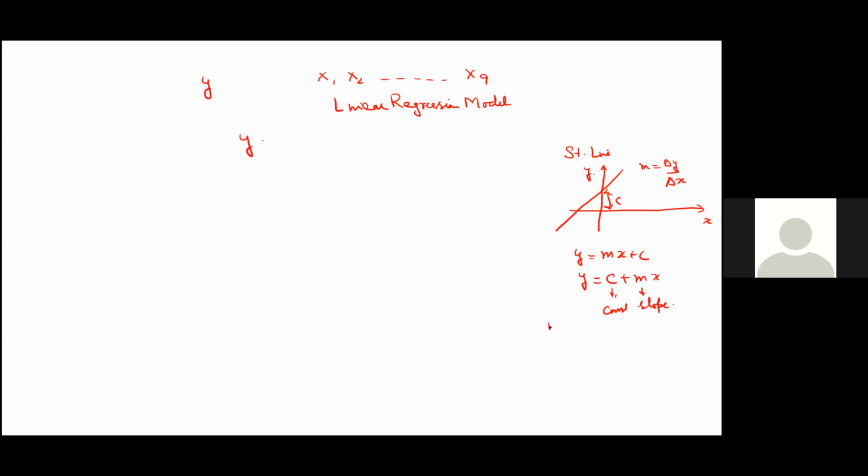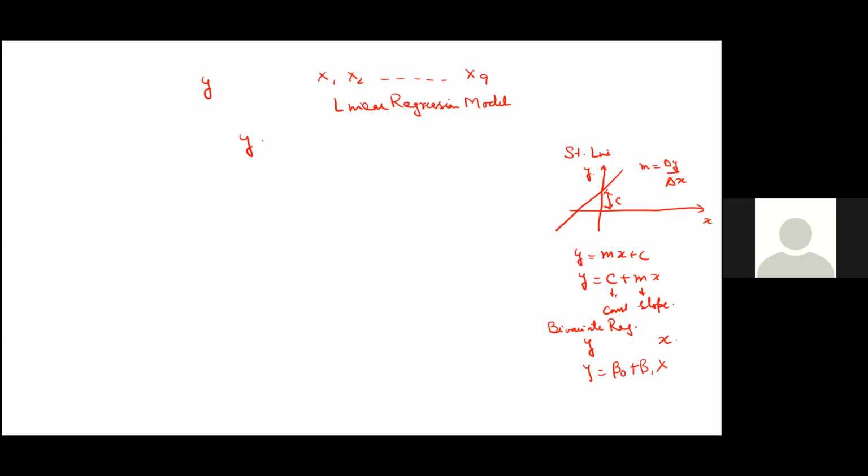If we are considering bivariate regression or simple regression, it means we have a single dependent variable and a single independent variable. In that case, it can be written as y is equal to beta 0 plus beta 1 x.